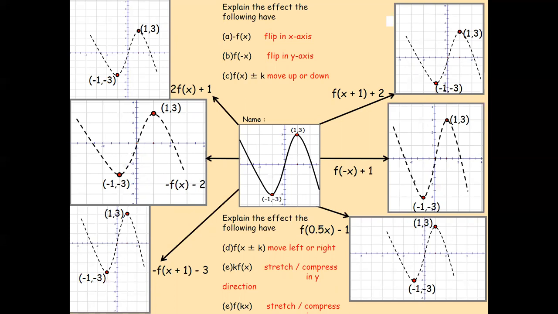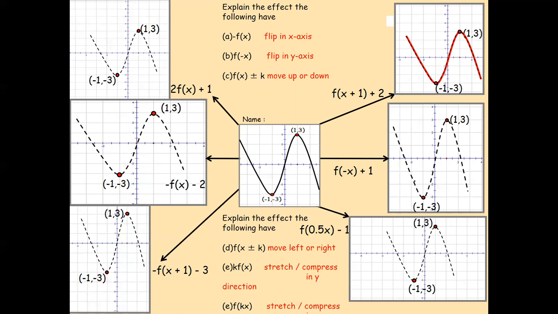If it's f of minus x, we flip on the y. So we've looked at that. We move up or down if we've got plus or minus k. We move left or right when we had x plus or minus k. We stretch and compress in the y direction, and f of k of x, we stretch and compress in the x direction for this one. So let's have a look.